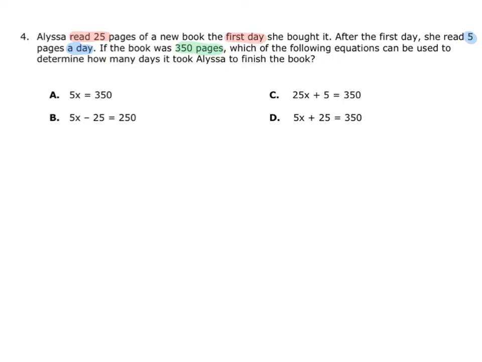So we have to make our equation y equals mx plus b. We said 25 pages on the first day, that's our b. 5 pages per day, that's our M. And 350 pages is our total for the book. So we can plug in 350 for y. Our M is the 5x plus our one time, which is 25.